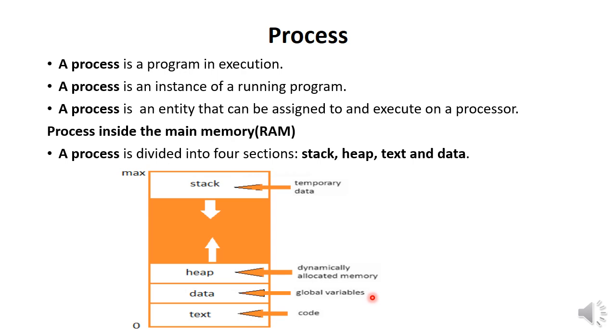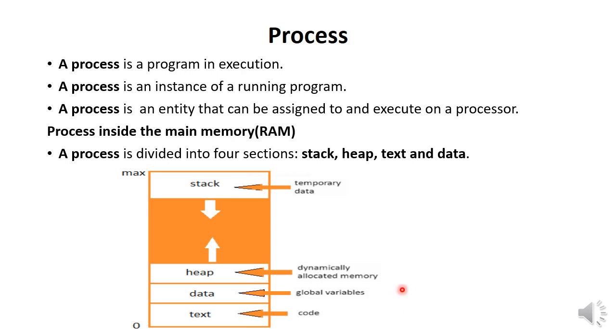What is the difference between local and global variables? In computer programming, a computer program contains functions. The variables which have been declared inside the body of a function are called local variables.